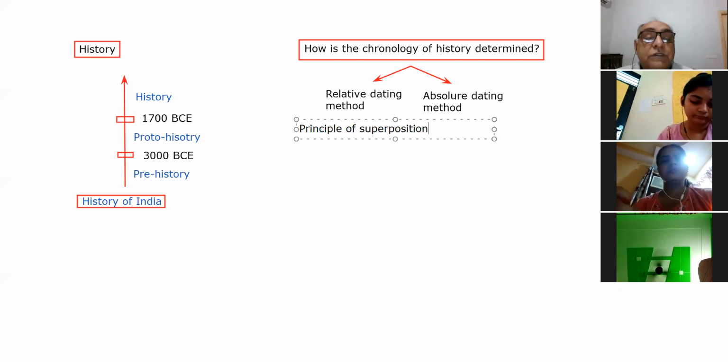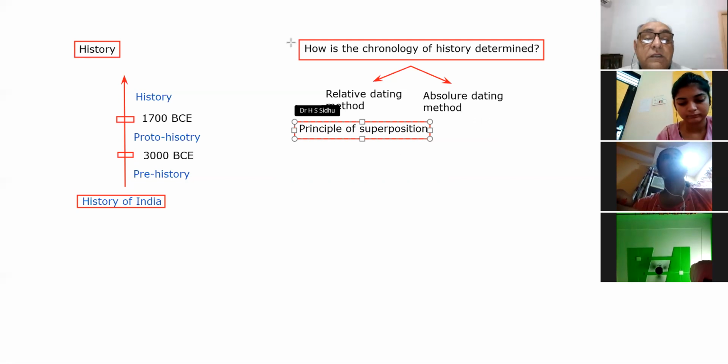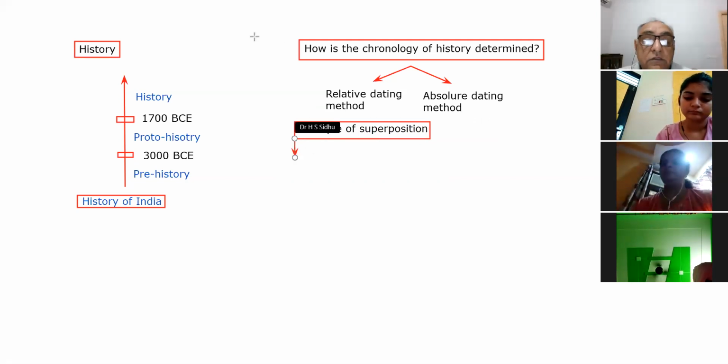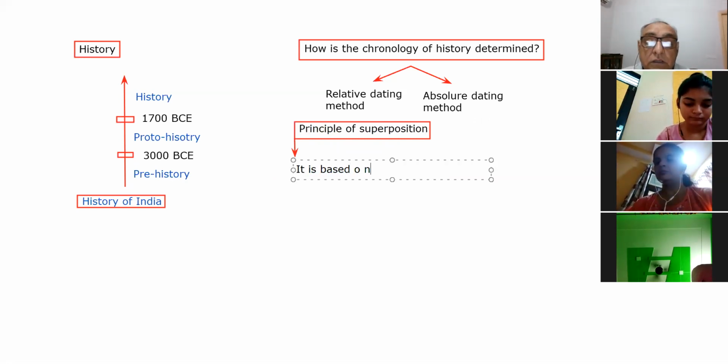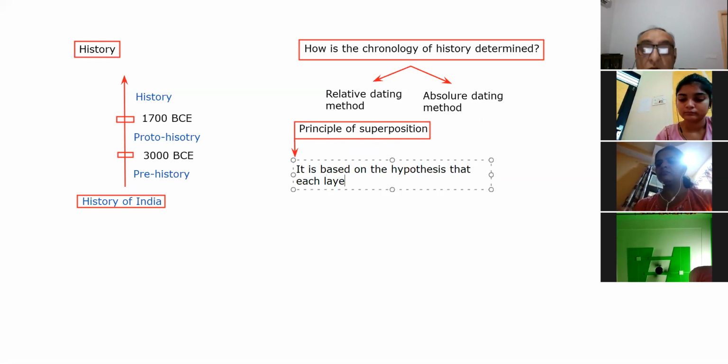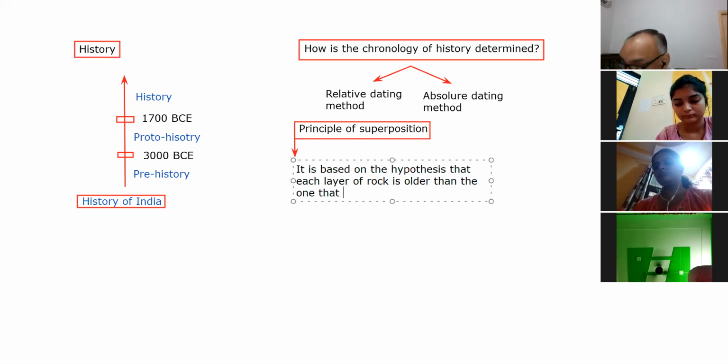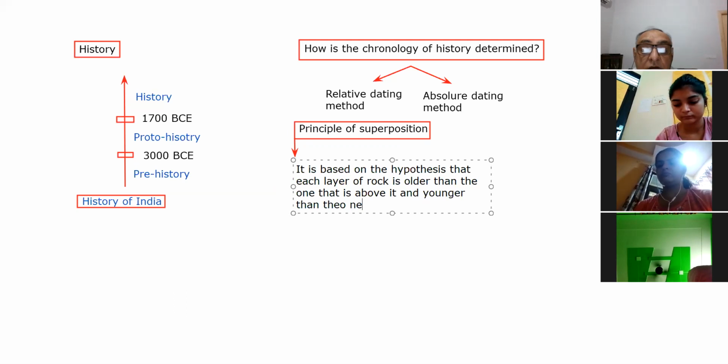This principle of superposition is based on the hypothesis that each layer of rock is older than the one that is above it, and younger than the one that is below it.